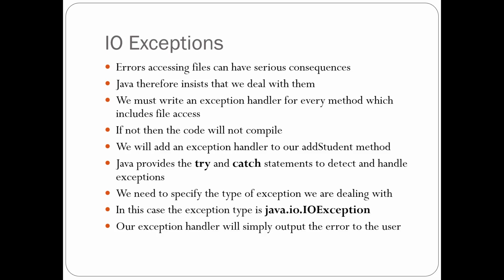If we don't, it actually won't compile. I mean, that's how serious it is. If we write file handling code without an exception handler, it'll just not compile. It'll say there's no exception handler. You've got to write one. So what we do is we use a structure called try catch, and that will detect and handle errors for us.